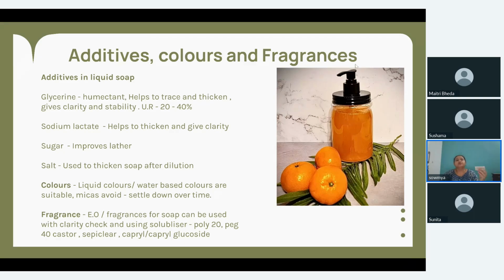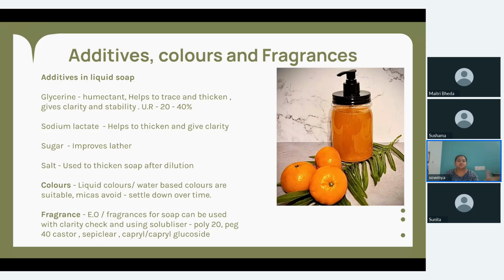Also, if you have too much of those botanicals in the oils and you don't filter them and still make the soap, all those bits and pieces of herbs or powders will settle at the bottom once you make your soap dilution. So I don't advise adding herb powders.